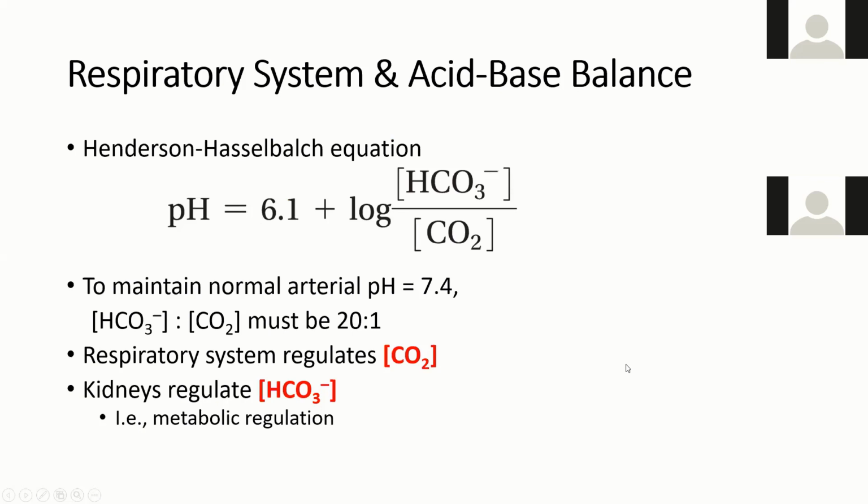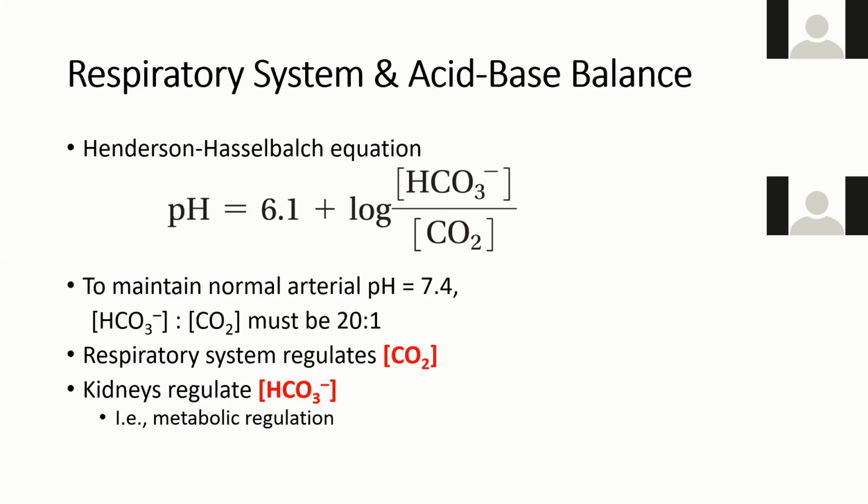Okay. There is an equation that tells us the relationship between bicarbonate, carbon dioxide, and pH. It's called the Henderson-Hasselbalch equation. So here's the equation written out: 6.1 plus log bicarbonate over carbon dioxide is the pH of our blood.